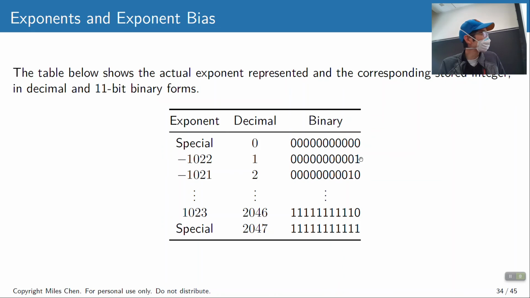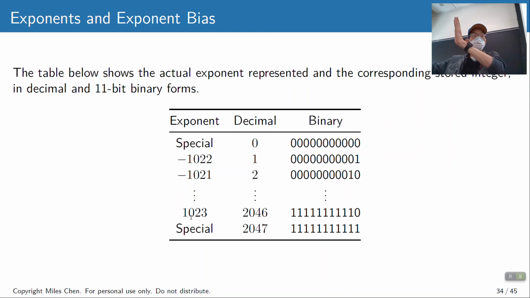The very first number, being a 1 in decimal, actually represents 1. But we're going to subtract a bias of 1023, and this corresponds to an exponent of negative 1022. The largest value that we can represent that's not special will be 11111111110, which is technically 2046 in decimal, but we apply the exponent bias of 1023, and this represents the number 1023.